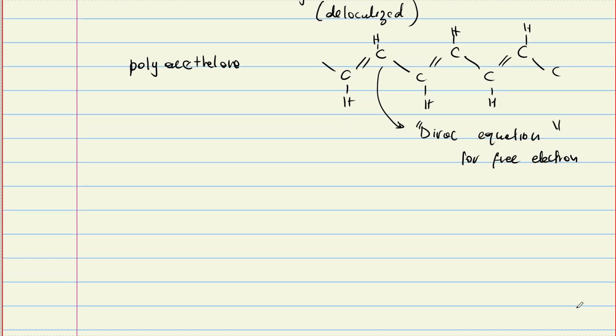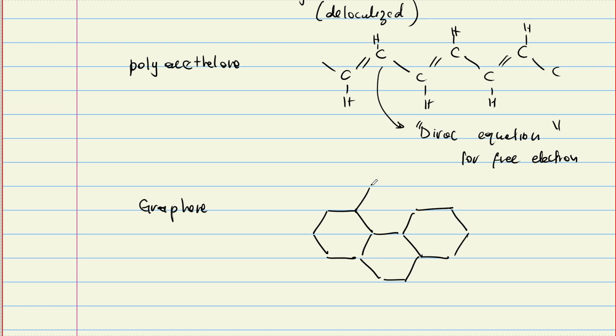And another one is graphene, and let me make this my last. This is graphene, and it's one of the most influential research areas in both theory and experiment in the last 20 years. What's happening in graphene is something like that. You have these hexagons, another one here, another one here, and so on.